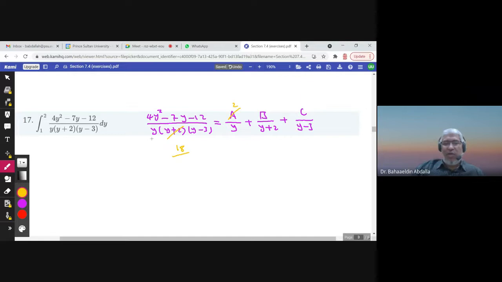So negative 2 times negative 5, it would be 10. So b is 9 over 5. Let me check it again. Yeah, correct.